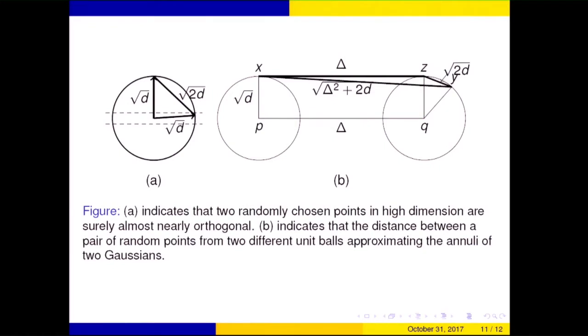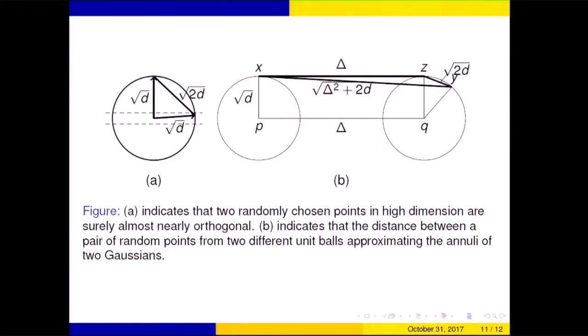First I'll explain the picture, and then we'll do the calculation. Now that I have two Gaussians separated by delta, I've drawn delta to be very large just to do the calculation. The first point, x, is picked from the first Gaussian. Point y is picked from the second Gaussian.